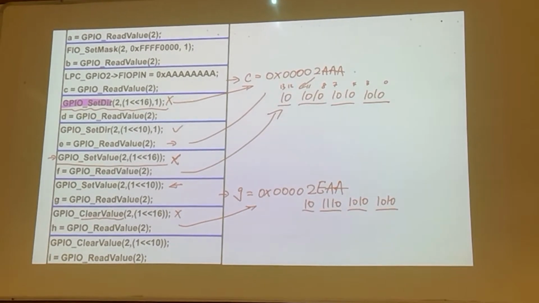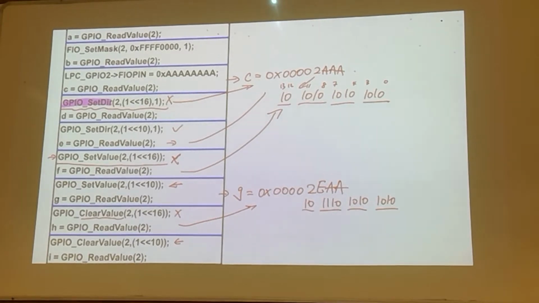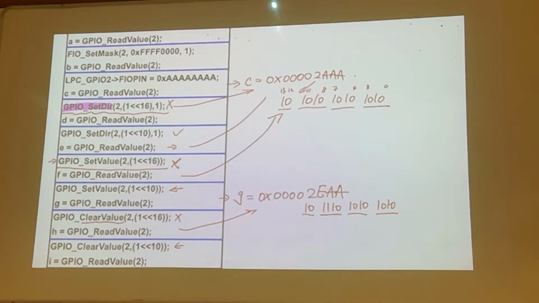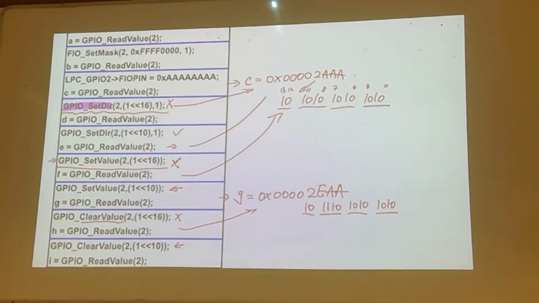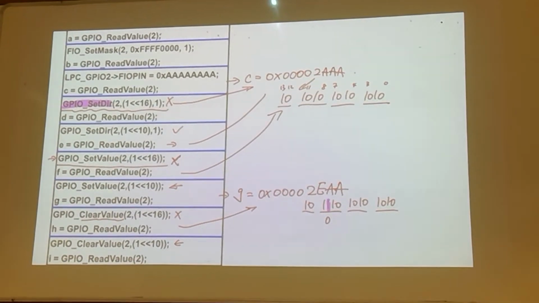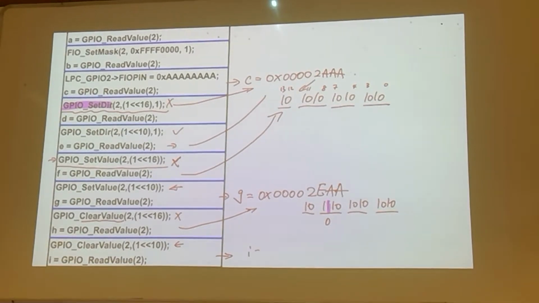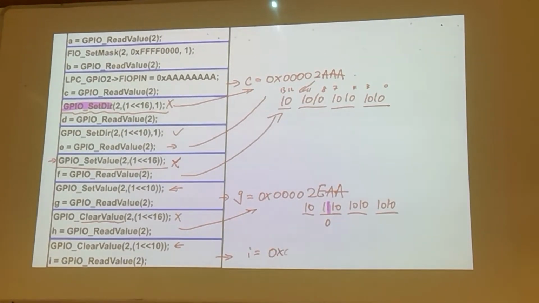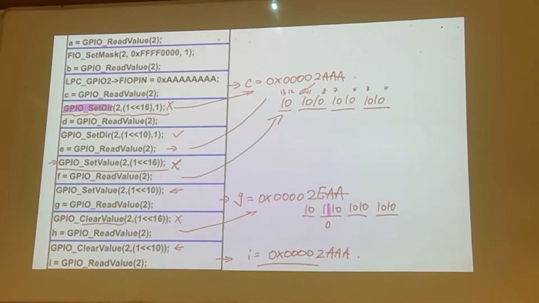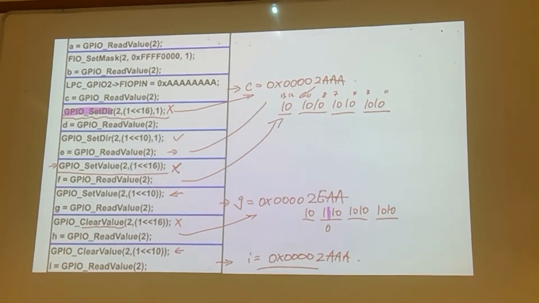Then next one, you want to clear pin 10. Then this one becomes 0 again. So the last one, I equals, you will go back to your previous value, A.